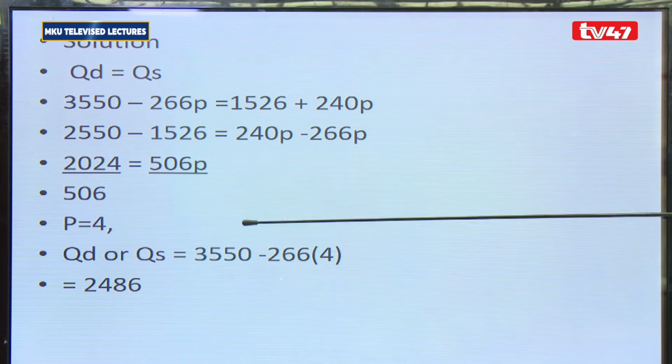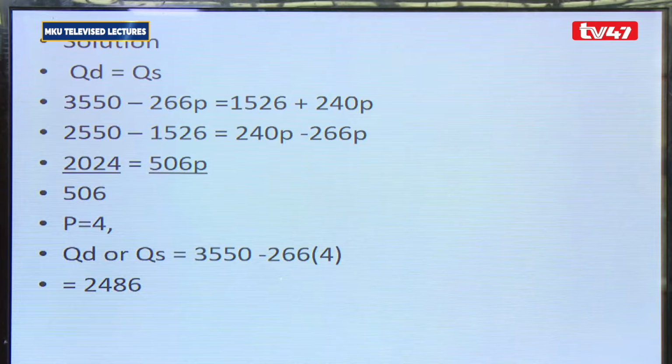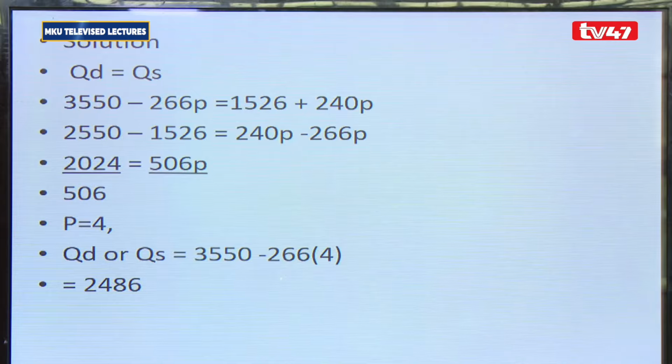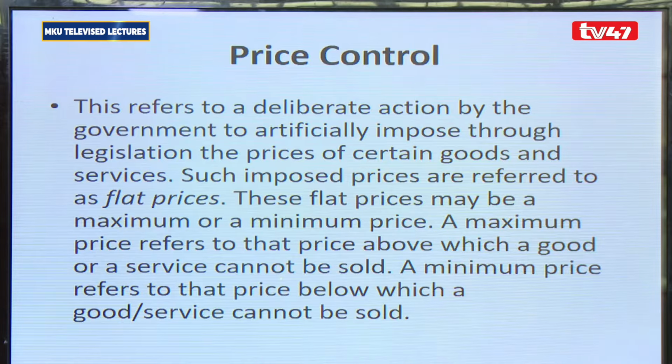The market will be at equilibrium where Q equals 2,486. You can do that at home and establish that. We have been able to derive the equilibrium through the curves, through the demand and supply schedule, and also mathematically. Therefore, let's go on to another topic which we are calling price control.